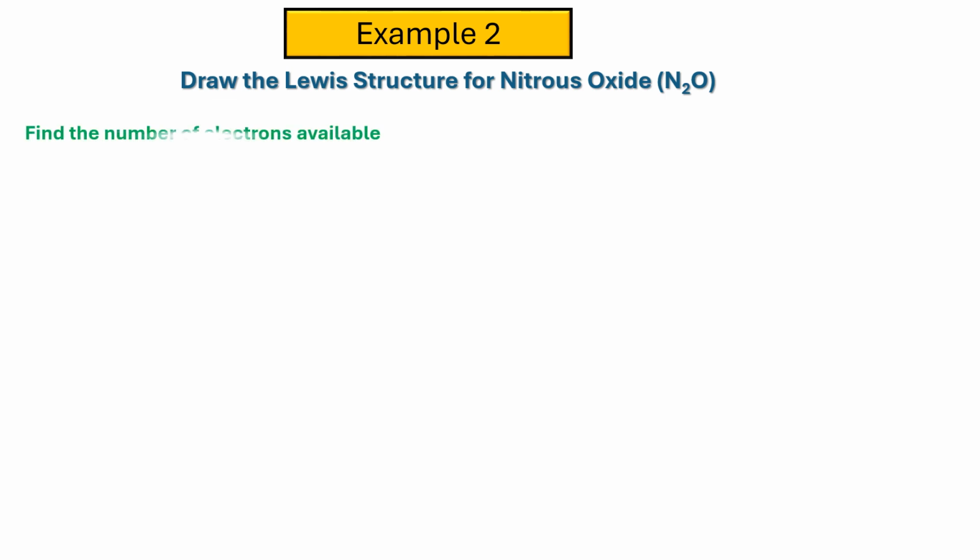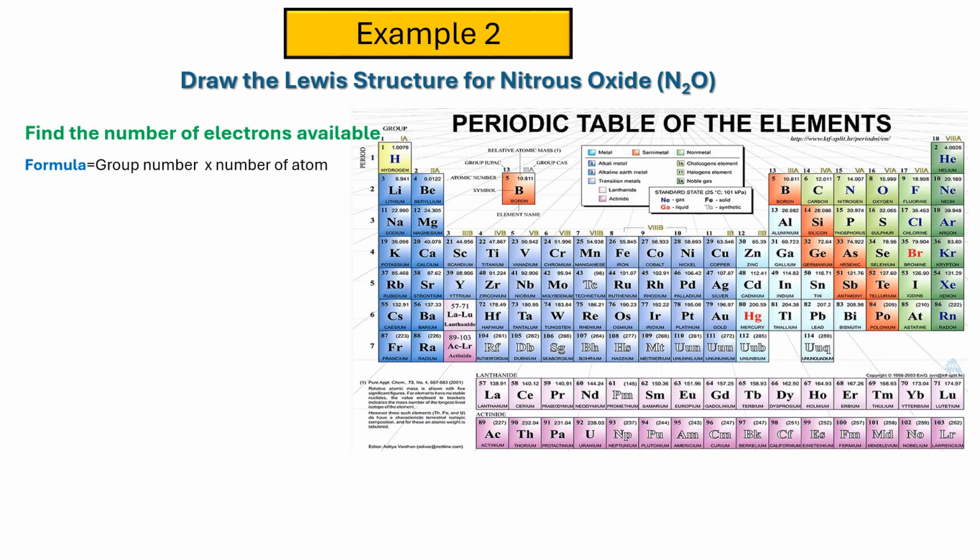Example number 2. Draw the Lewis structure for nitrous oxide, N2O. We need to find the total number of electrons we have available. Oxygen is in group 6.